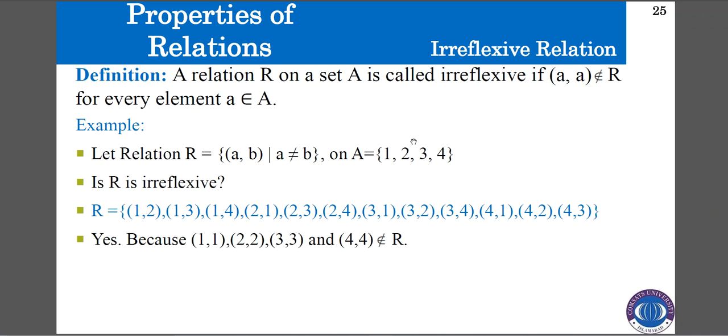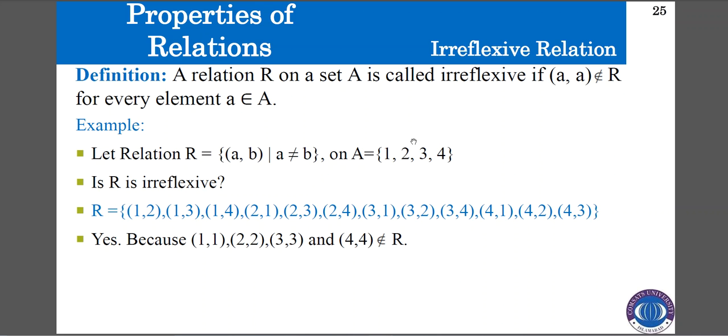Let us get the relation: (2,1), (3,1), (4,1), (1,2), (3,2), (4,2), (1,3), (2,3), (4,3), (1,4), (2,4) and (3,4) pairs.